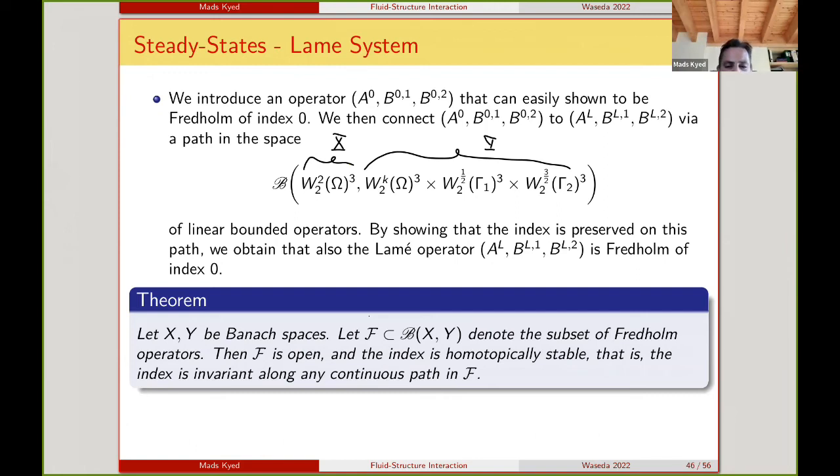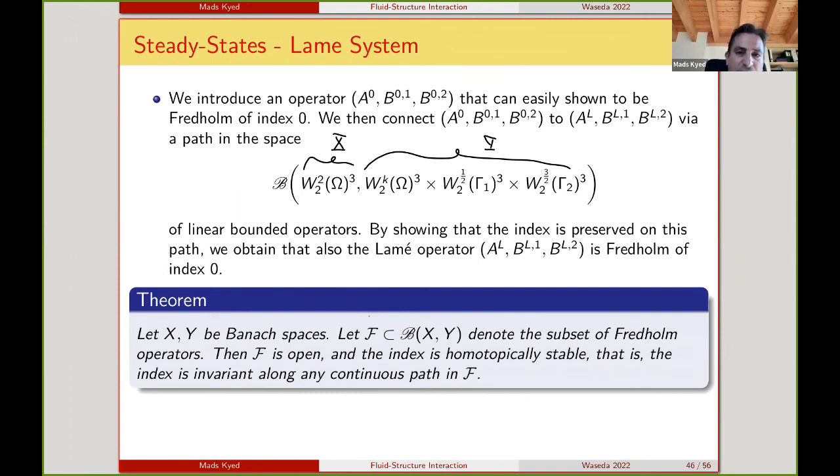More importantly, the index is homotopically stable. That is, the index is invariant along any continuous path in F. And so all we have to do is connect our two operators by a continuous path in the component of Fredholm operators, and then this beautiful theorem says the index doesn't change. So that's how we get index 0.